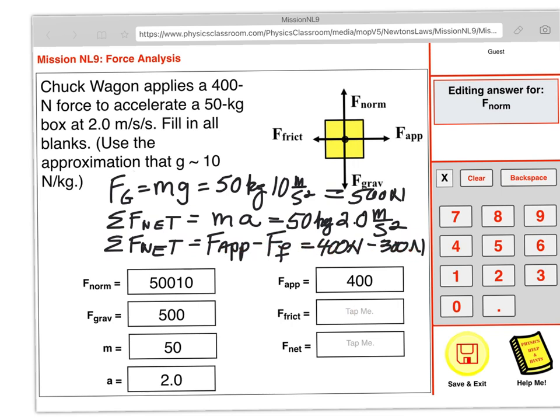If the net force is 100 and this is 400, logically this is 300. This problem, you could actually do in your head, but be sure that you are able to write all this out in a situation where you're going to be asked to write it out. Let's check our answers and hope that all those calculations are correct.